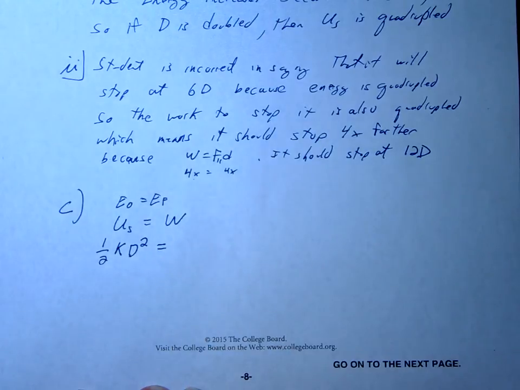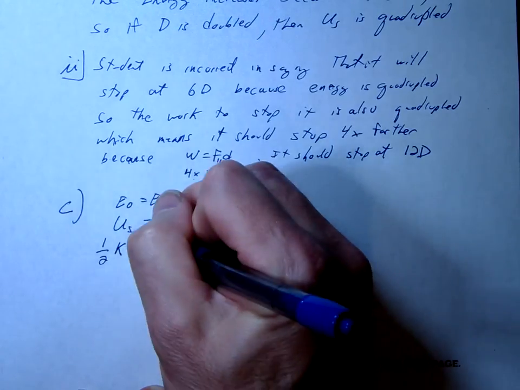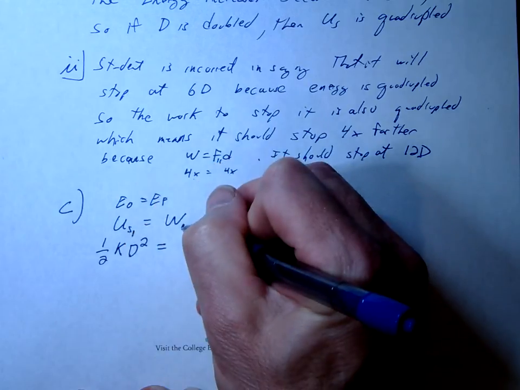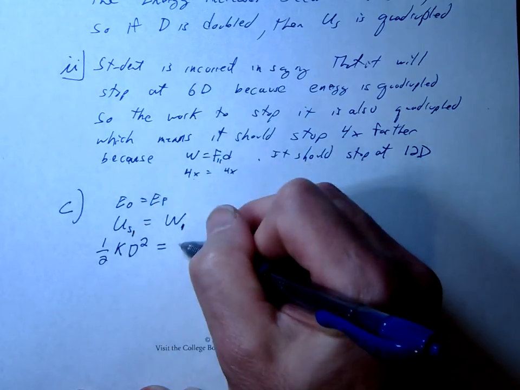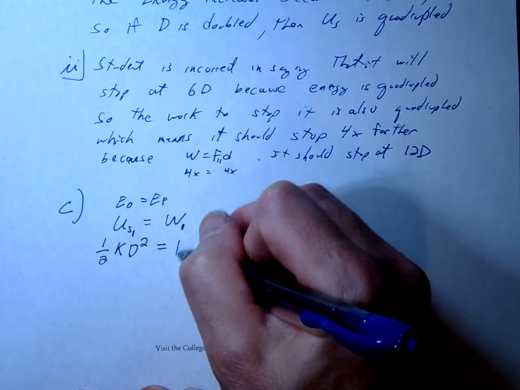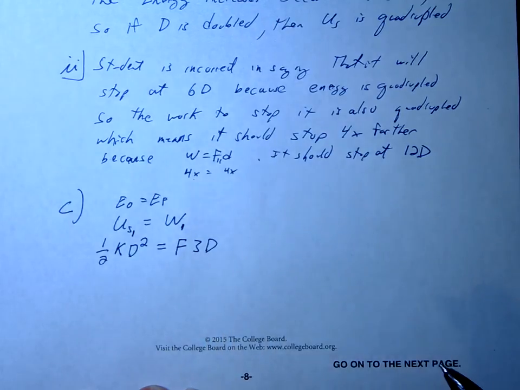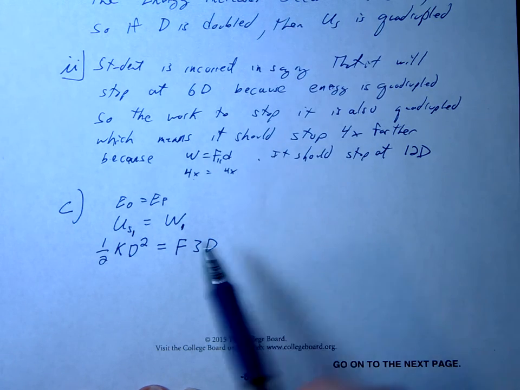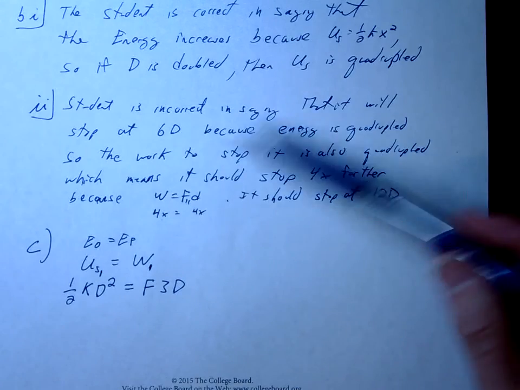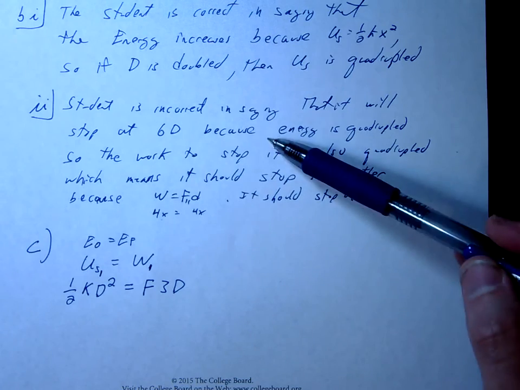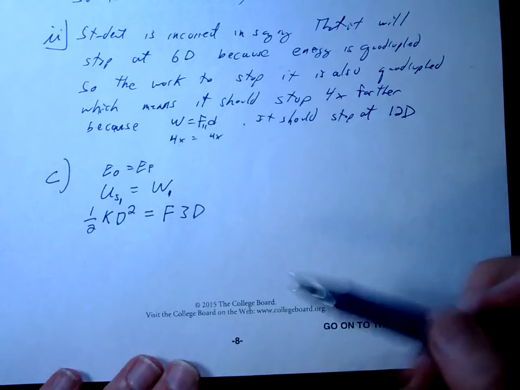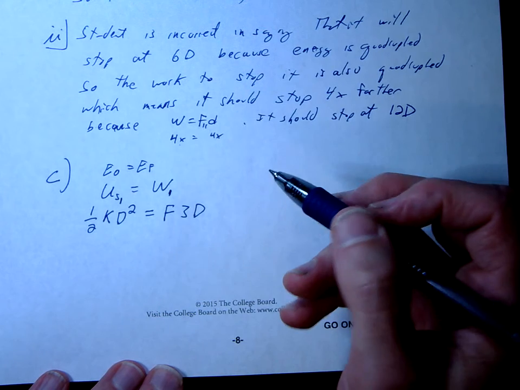Okay, and in our first case, I guess we could write this US1, W1. This should equal force times 3d. There's actually multiple ways you can go about this problem. I probably prefer doing it more at the conceptual level like we did up here, but let's do it another way here.